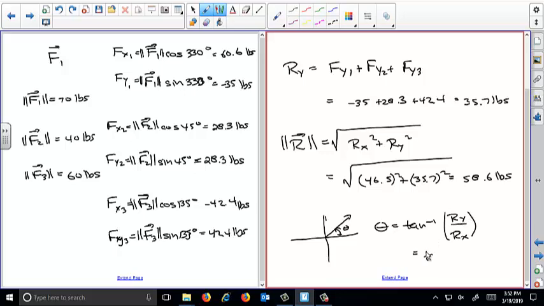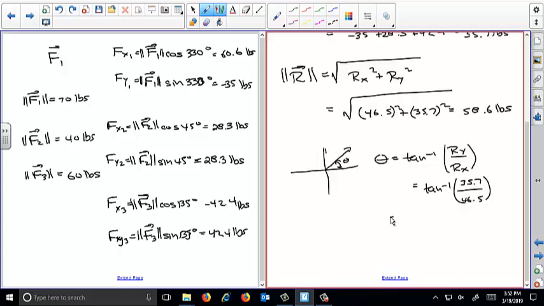So you get the inverse tangent of 35.7 divided by 46.5. Plug that in. You get theta equals 37.5 degrees.